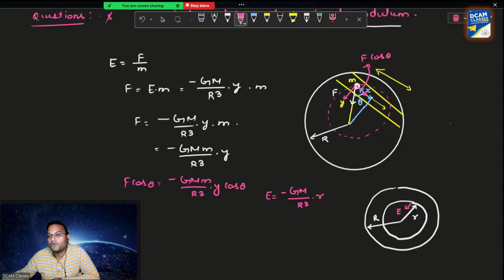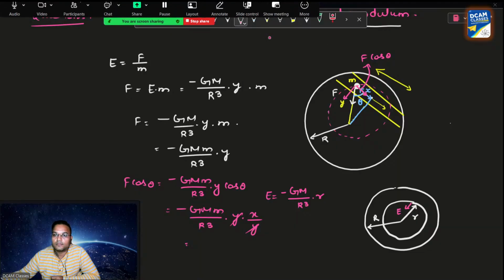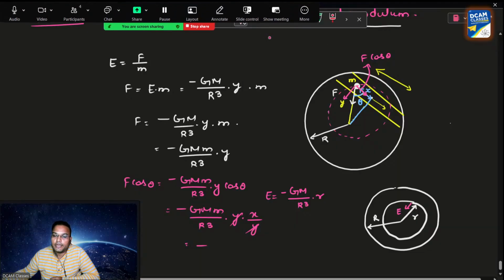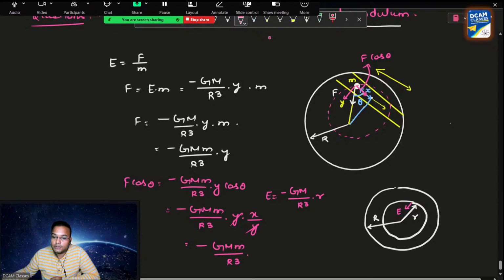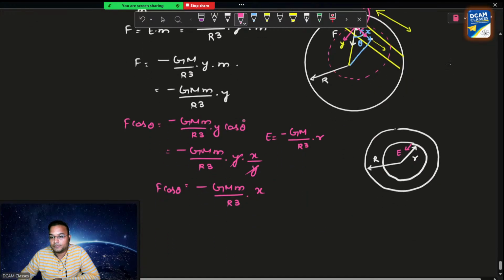So what is cos theta? X by y. So that's why the restoring force, F cos theta, is this.